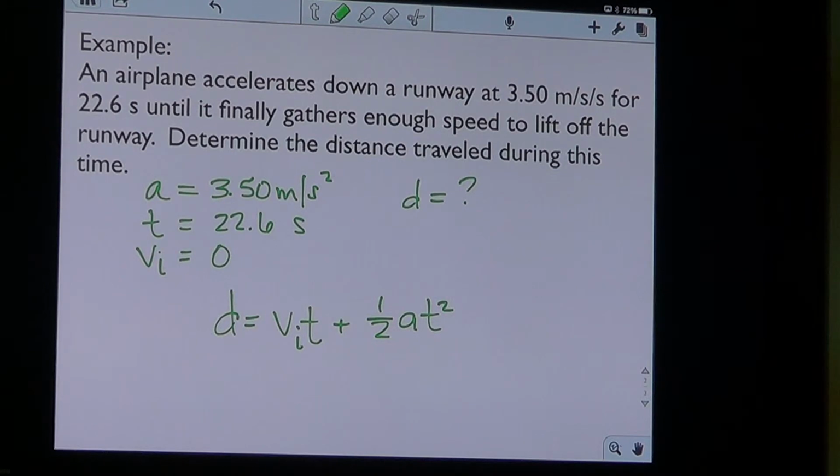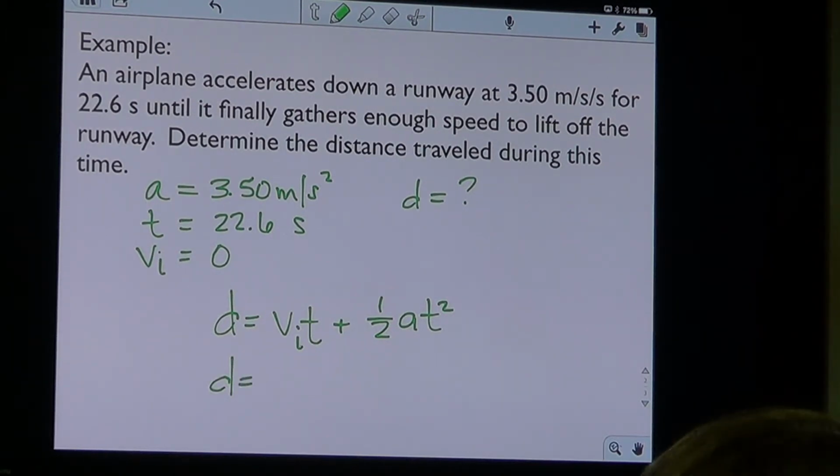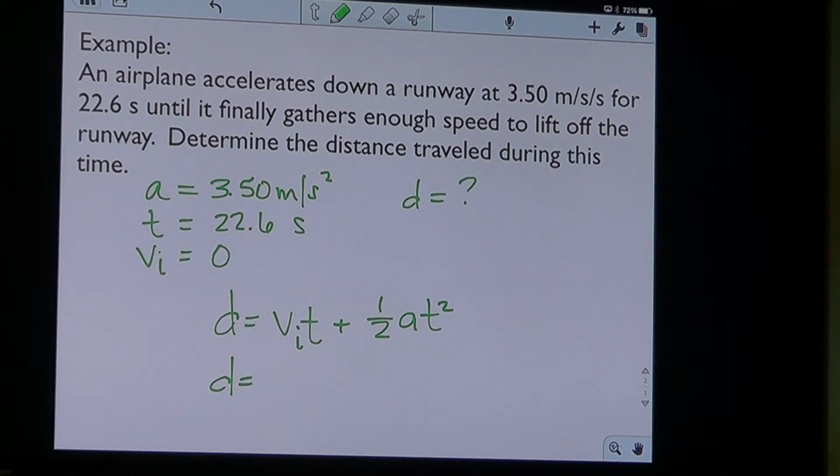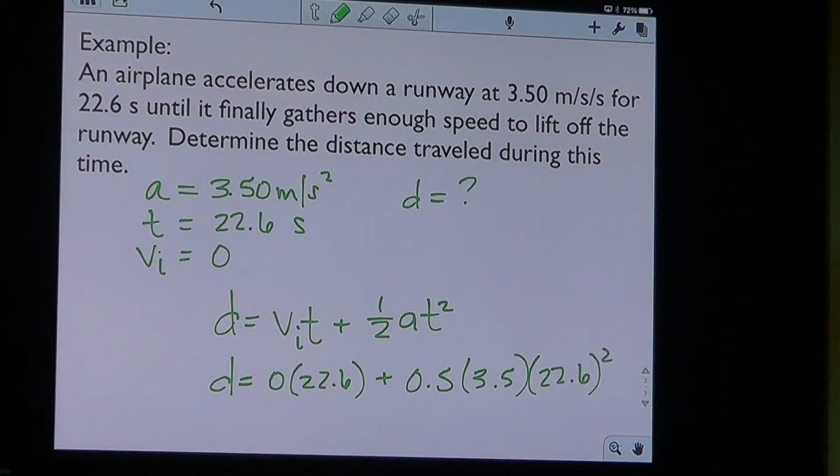Okay, so we plug in what we know. So 0 times 22.6 plus, let's say 0.5 times 3.5 times 22.6 squared.